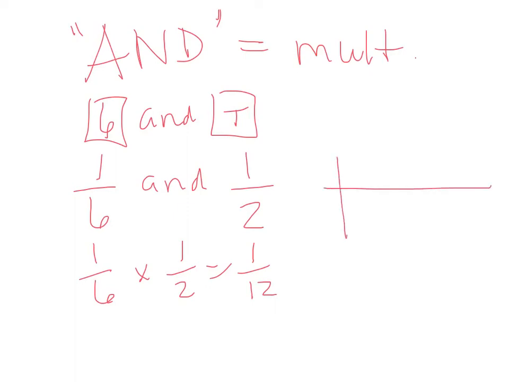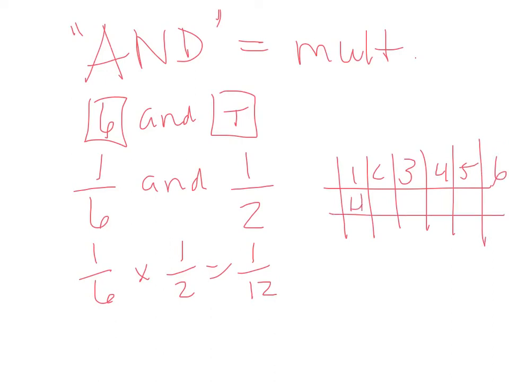And if we were to draw a table and list all of the different possibilities for a die, and then list all the possibilities for a coin that you could have gotten with each, what you soon realize is there's only one time that you would have gotten a 6 and a tails, and only one time you got a 6 and a heads, and only one time you got a 5 and a heads and a 5 and a tails.